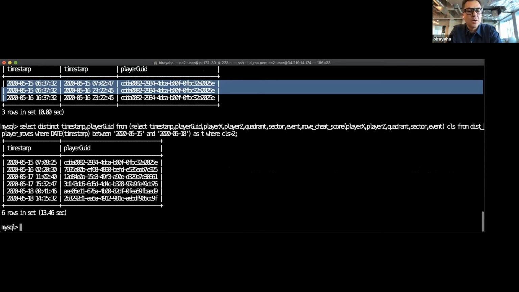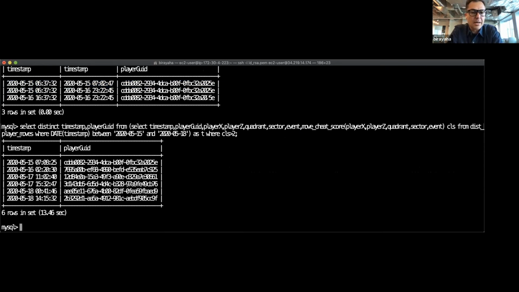We got that this player, we can see him here, did some suspicious move, and this suspicious move happened at 7 a.m., which is something like 6 minutes after the suspicious transaction that was made that day.